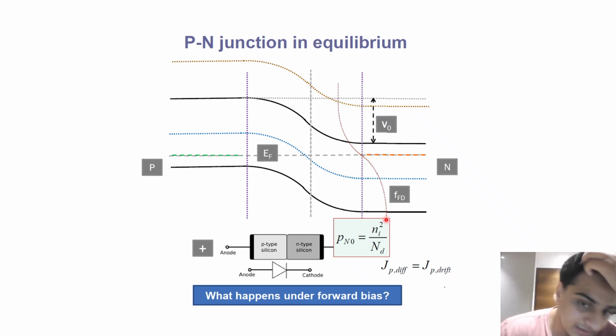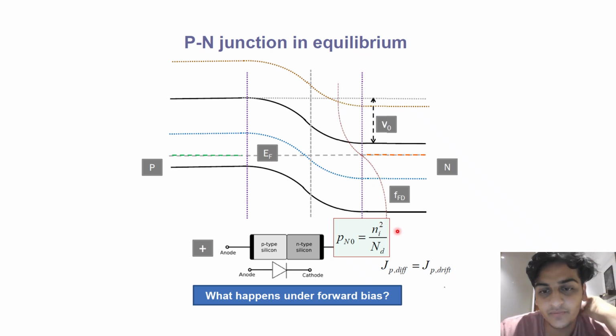And we can get this concentration by using the formula np equal to ni squared. We know that n, or the number of electrons, is equal to the number of donor impurities on this side. So from that we get the expression for p at the n side at equilibrium, which is what this notation is, pn naught, which means the number of holes on the n side edge at equilibrium, as this.